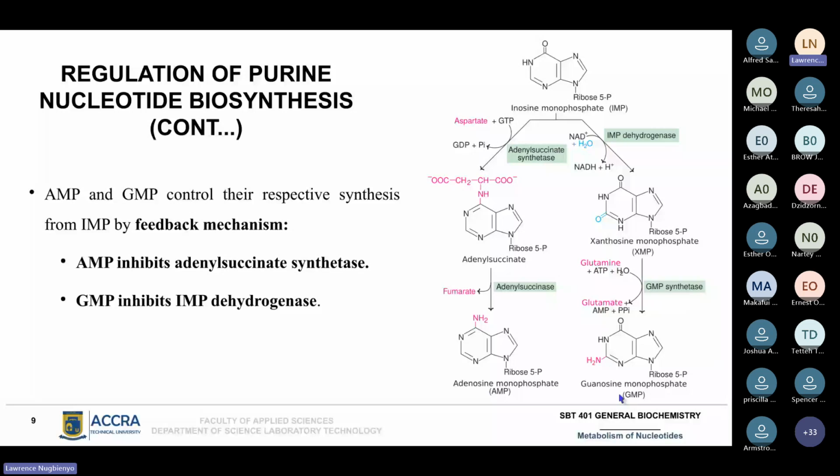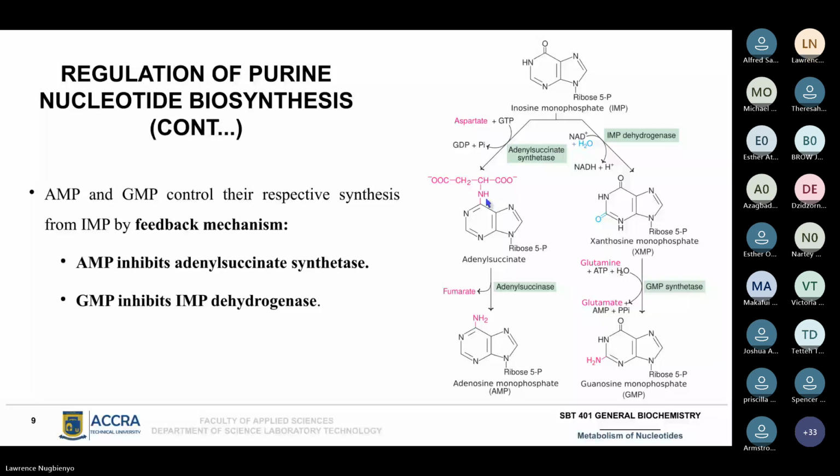Now, these two final products, AMP and GMP, also serve as regulators of the synthesis of these nucleotides. First of all, the adenosine monophosphate serves as an inhibitor to the enzyme of the first reaction where aspartic acid comes in to give its amine group onto the molecule with the removal of fumarate.